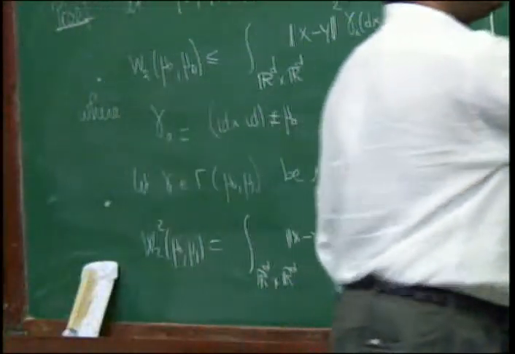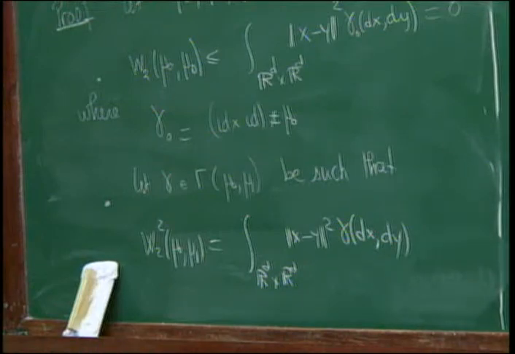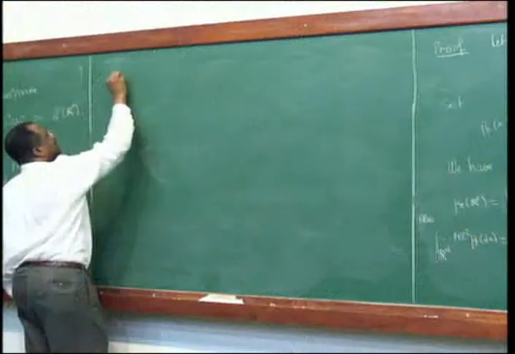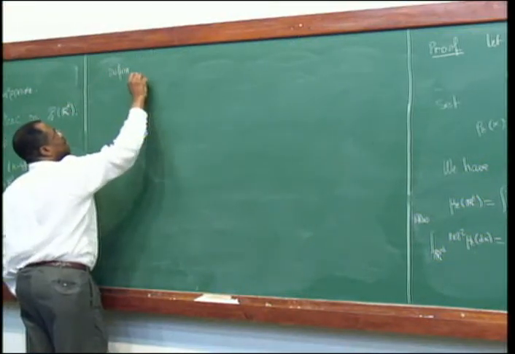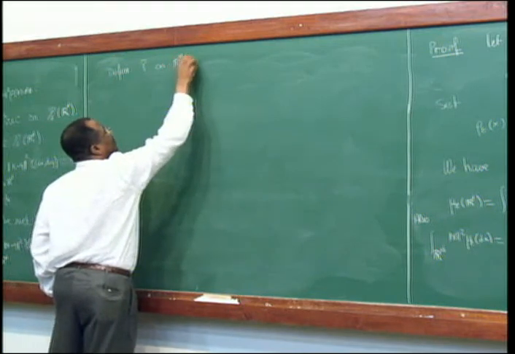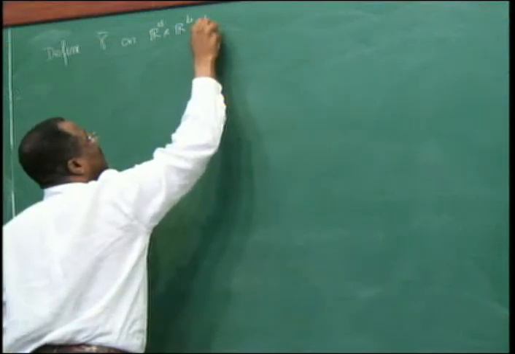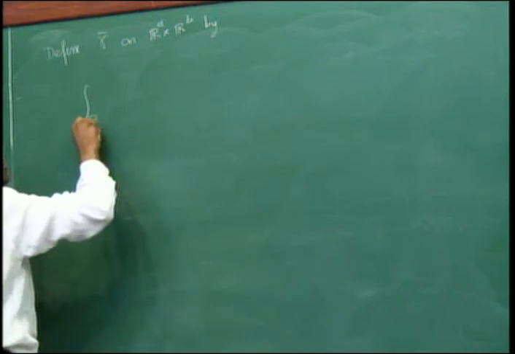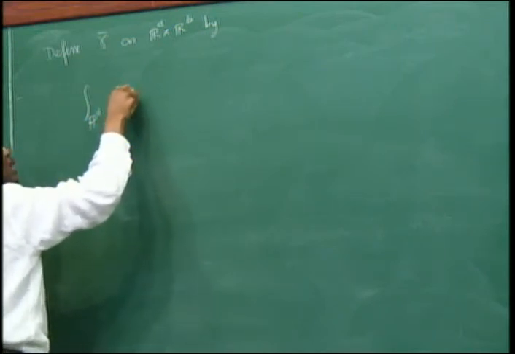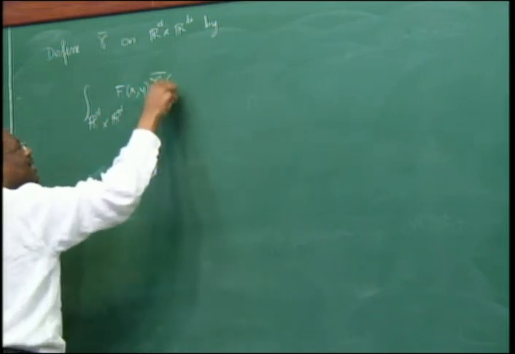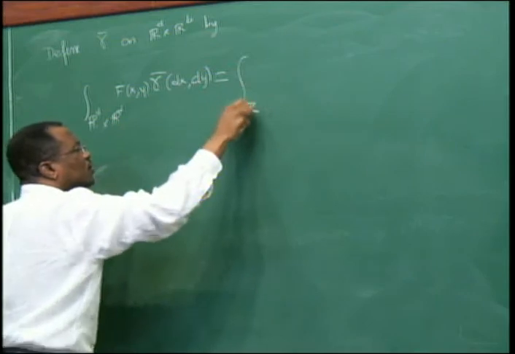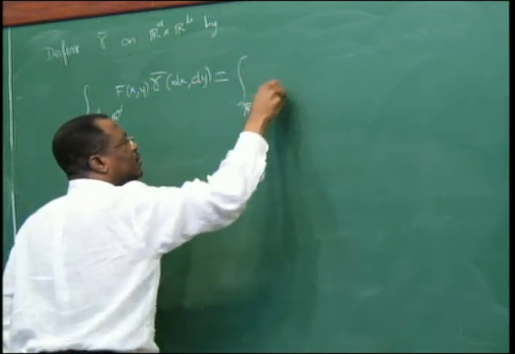I am going to define gamma bar on Rd cross Rd by the following: the integral over Rd cross Rd of f of x,y gamma bar dx dy is equal to the integral over Rd cross Rd.